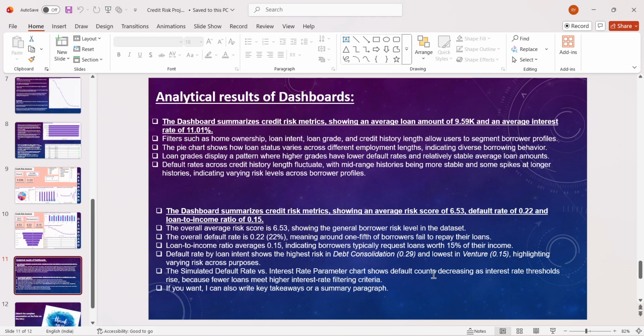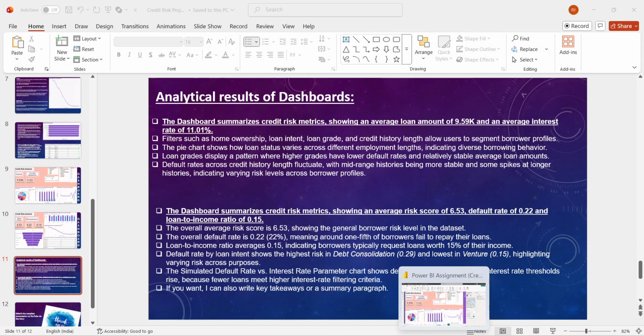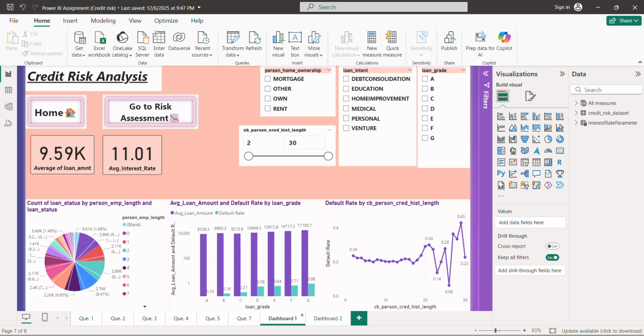The dashboard highlights overall borrower risk level and repayment behavior across different segments. The loan characteristics such as loan intent, grade, and credit history length reveal clear patterns in risk and borrowing habits.